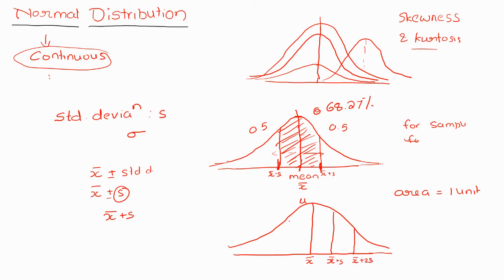Similarly on this side, x bar minus s, x bar minus 2s. Then the total area from x bar minus 2s till x bar plus 2s is said to cover 95.45% of the entire area.